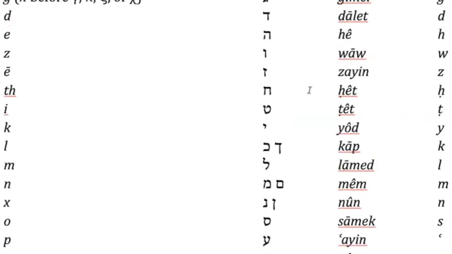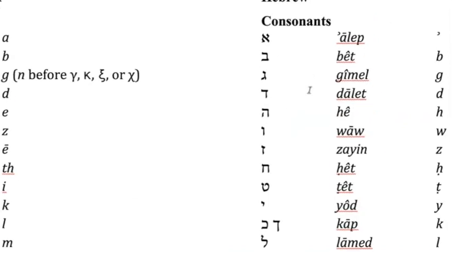Now, if you want to learn these, you can go to Psalm 119 in your Bible. If you have a study Bible, I think I talked about this maybe last time. So turn to Psalm 119 if you have a Bible handy, an English study Bible. And this psalm is written in the acrostic form.